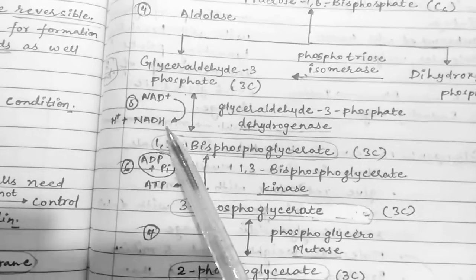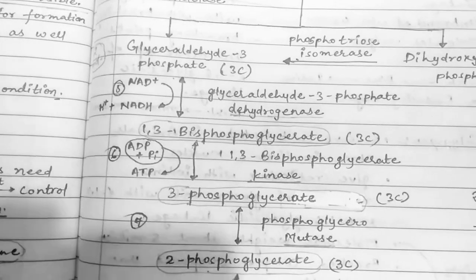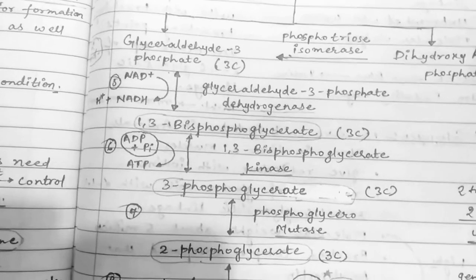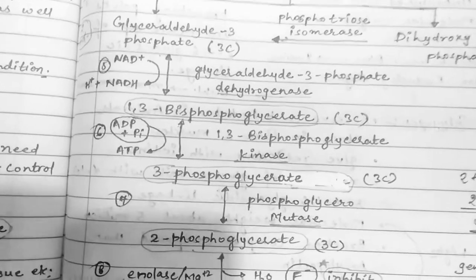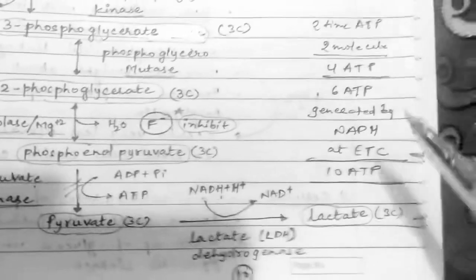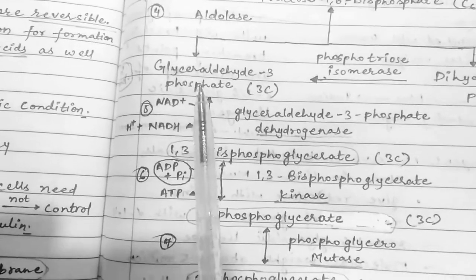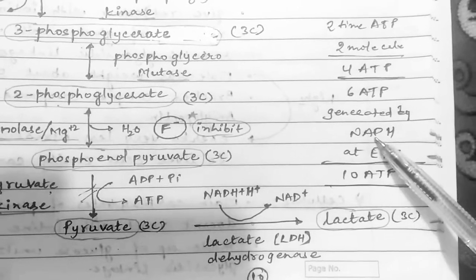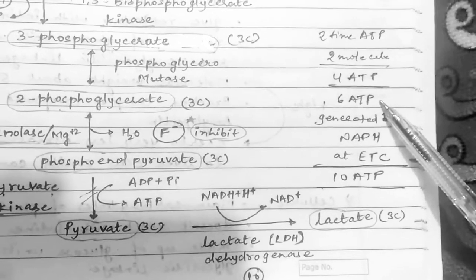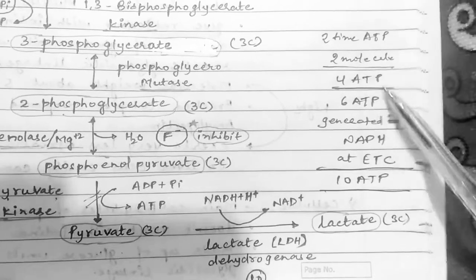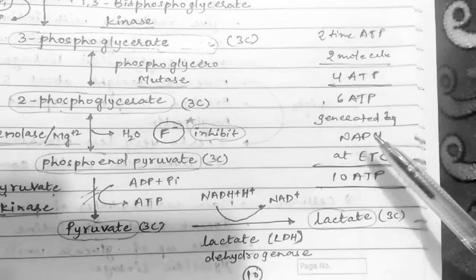Then NADH can generate an equal amount of energy to 3 ATP in the electron transport chain. Here 2 NADH are generated because after the 4th step it takes place twice. So 2 NADH can generate 6 ATP. So 4 ATP and 6 ATP, when we add them, we get 10 ATP.